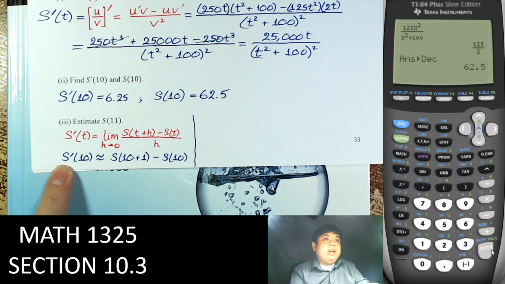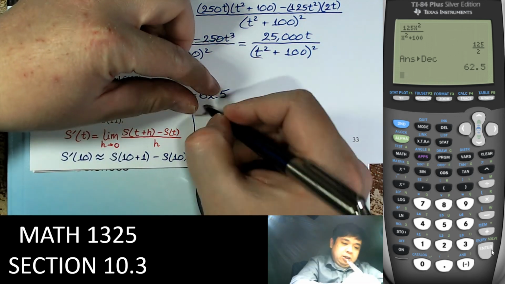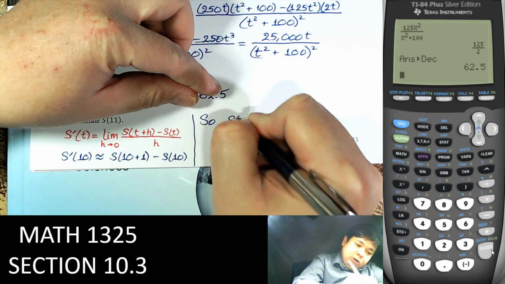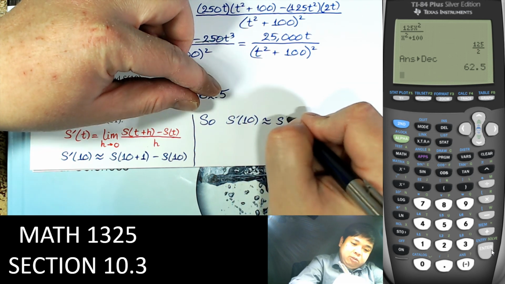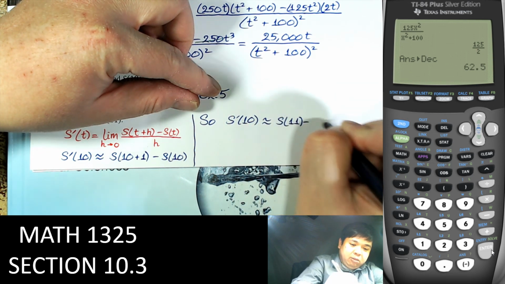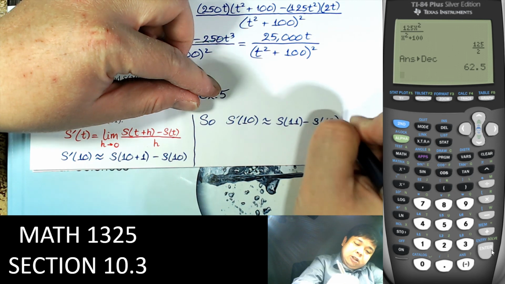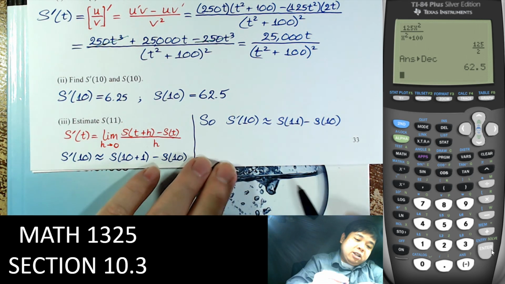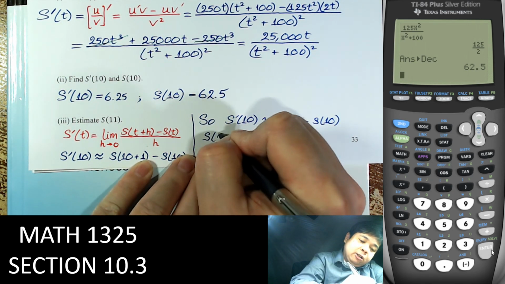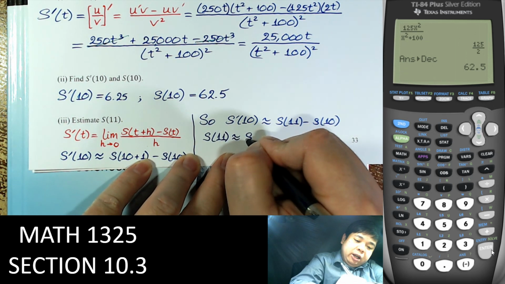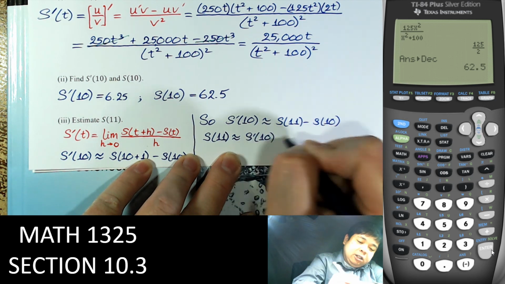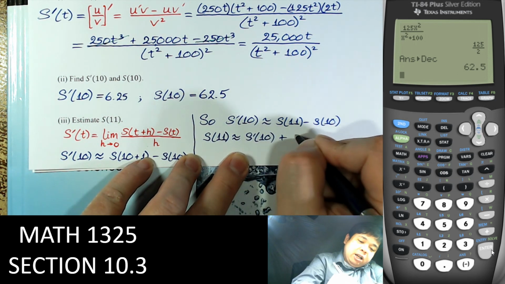So the derivative at 10 is approximately equal to s of 11 minus s of 10. So we solve for s of 11, which is approximately equal to s prime of 10 plus s of 10.